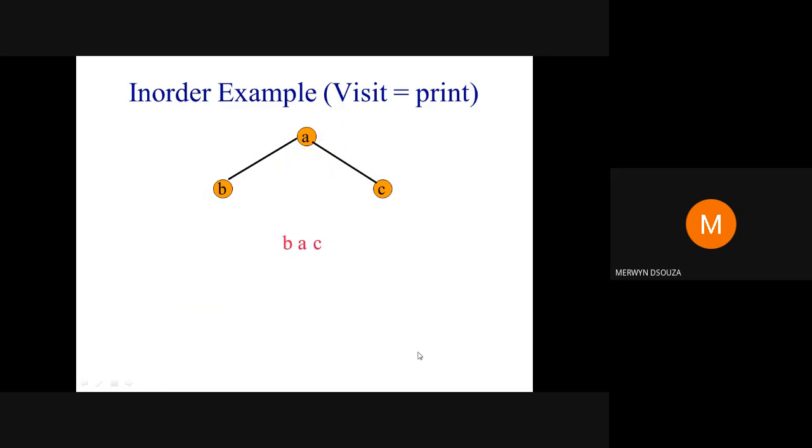Okay, so this is the output. You need to write it here. Just don't write in the exams like this. You need to write that the in-order traversal is this.